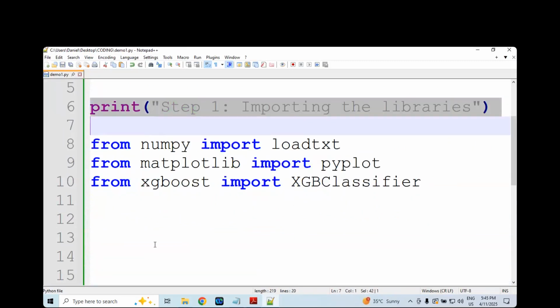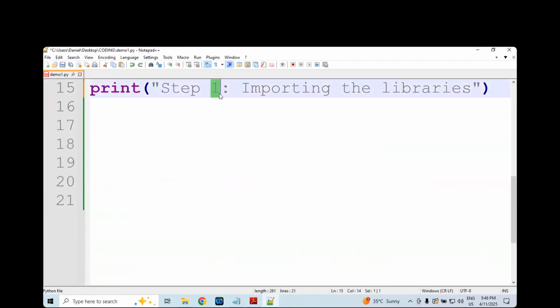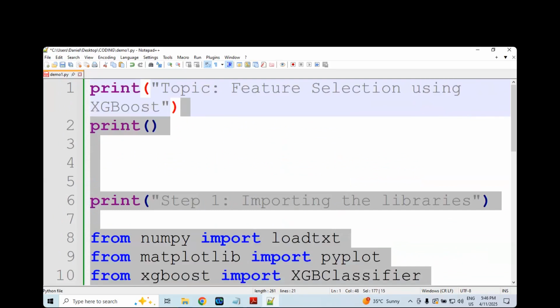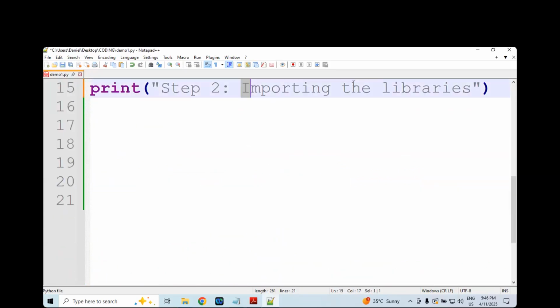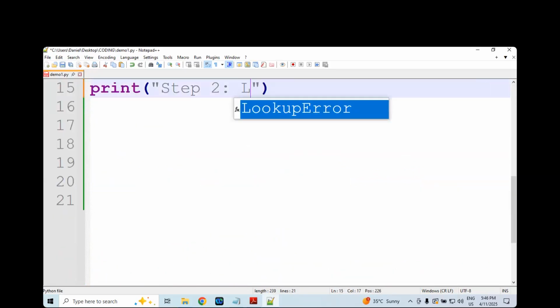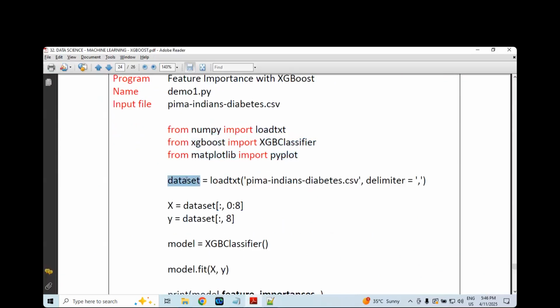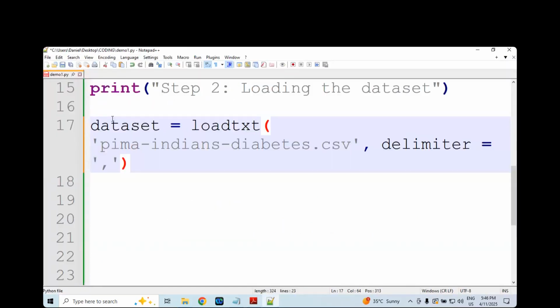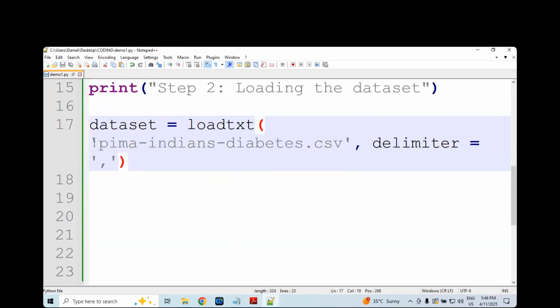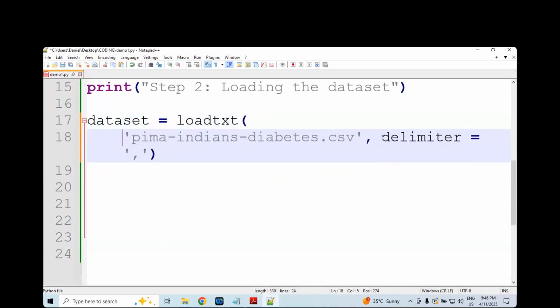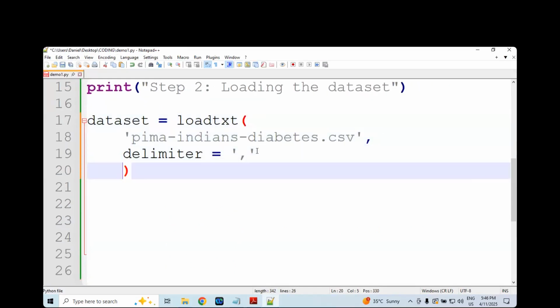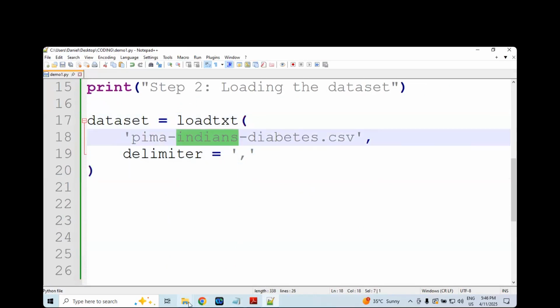Step number 2, can you help me? Loading data set. Pull that data set.